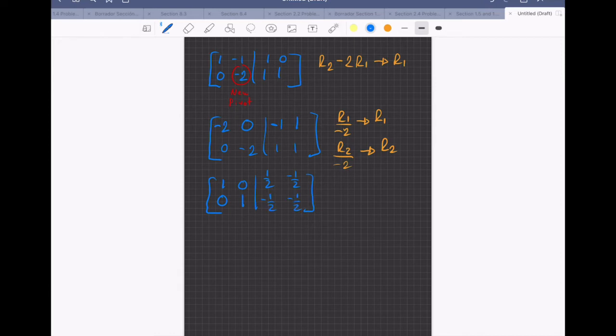You see? So notice how this matrix has the form of the identity with size 2 and a matrix B. The matrix B in this case is 1/2, negative 1/2, negative 1/2, and negative 1/2. This one is going to be the inverse of A. And this is the process, right? So let's see another example.